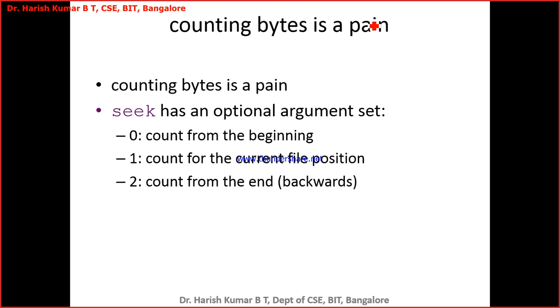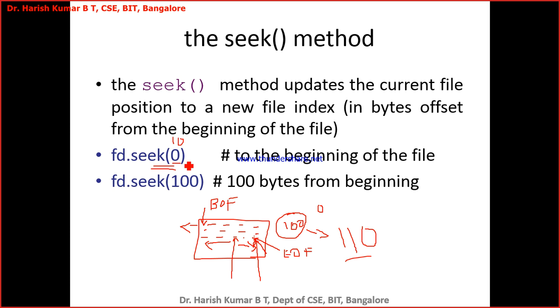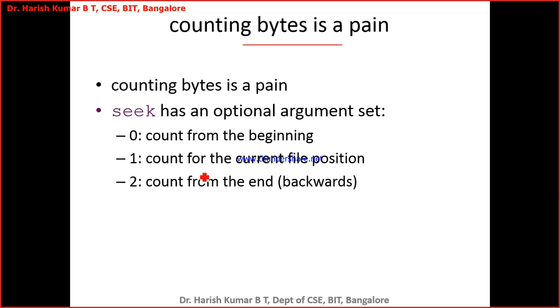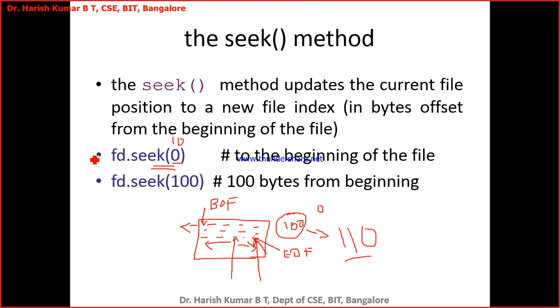Next, counting the bytes is a pain, it's difficult. So what we can do is use the optional argument set for seek: 0, 1 and 2. 0 says count from the beginning. That is what we did here.